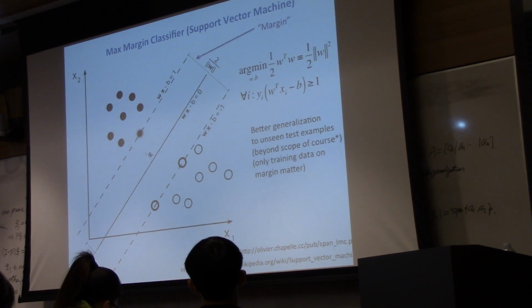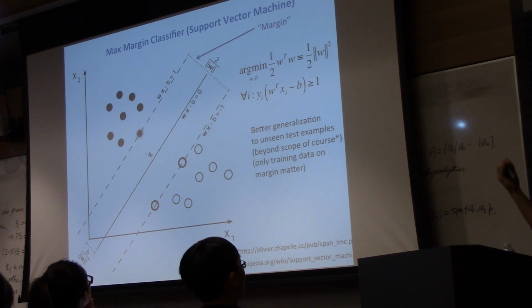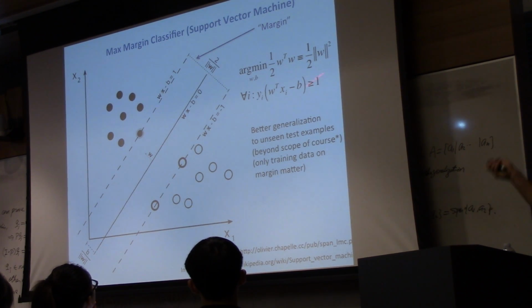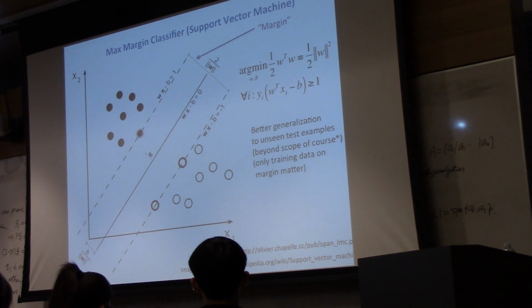If I subsample my training set so that I don't train on everything, so long as my subsample includes these 3 examples, this optimization problem returns the exact same solution. It's robust in that sense. If you're interested in this analysis, there's a link here with the analysis, more formally stated. So in some sense, only the training data that lie on the margin matter. All the other training data are irrelevant.